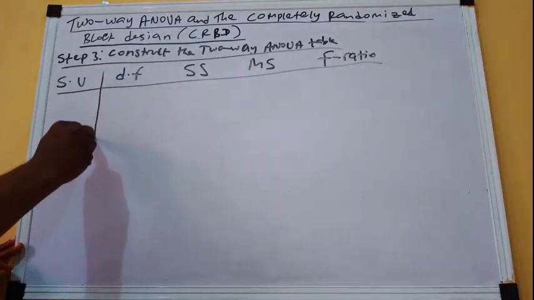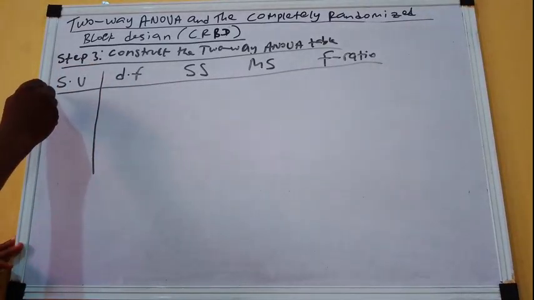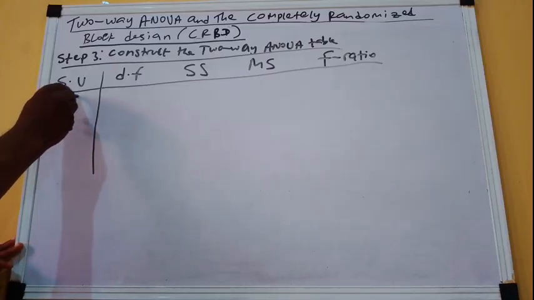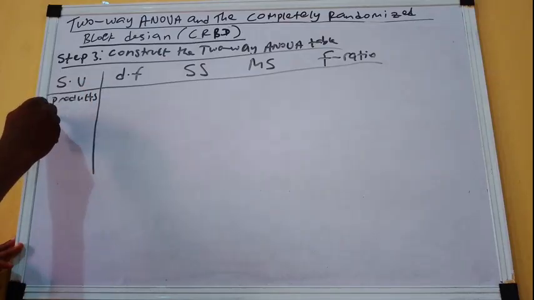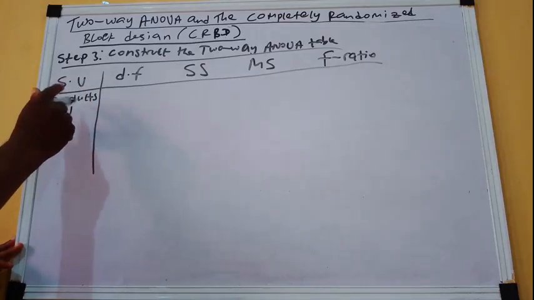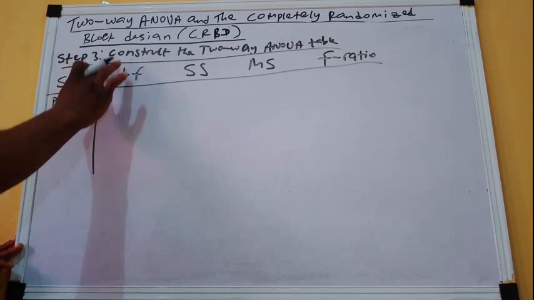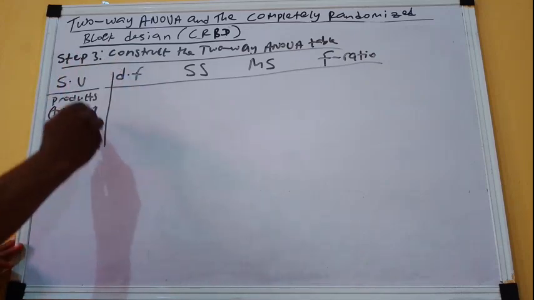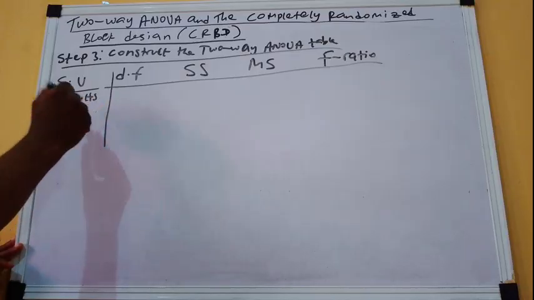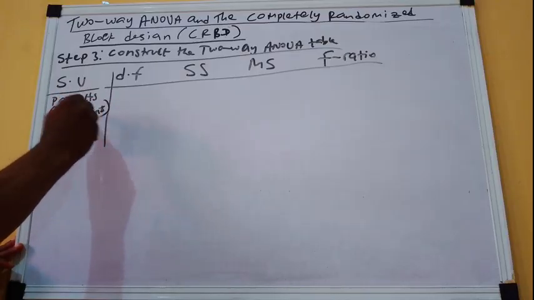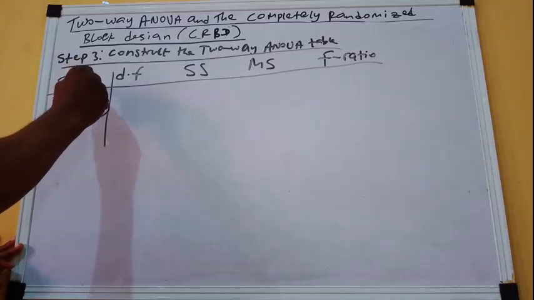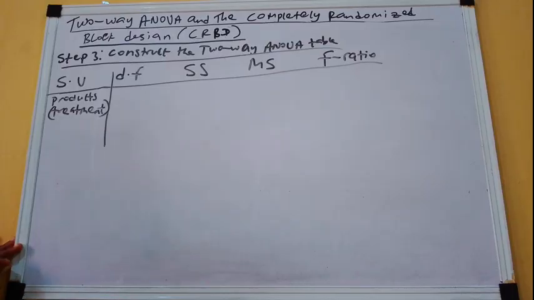Then our first source of variation is treatment, which is the product. You can call it product, and put treatment in brackets.